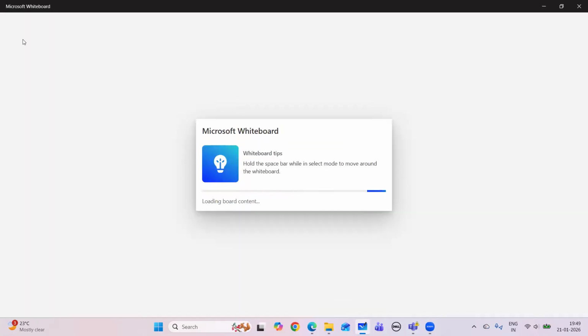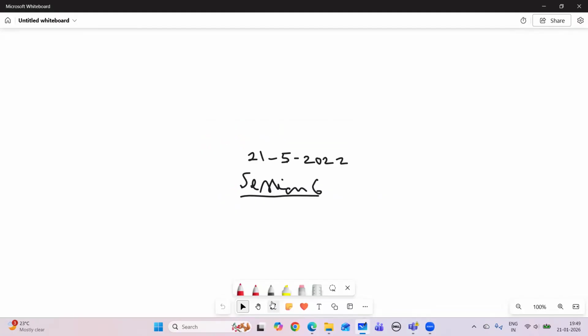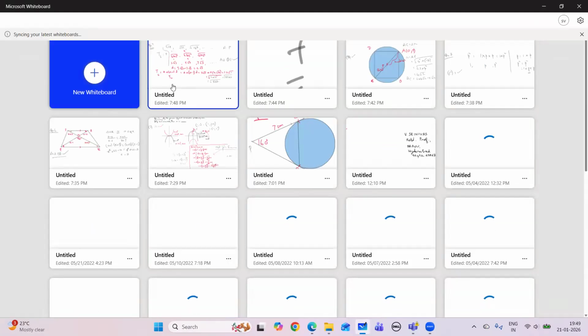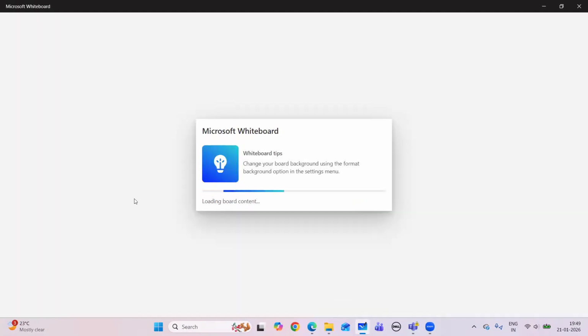So this is question number 10. Let us take a circle with radius r.